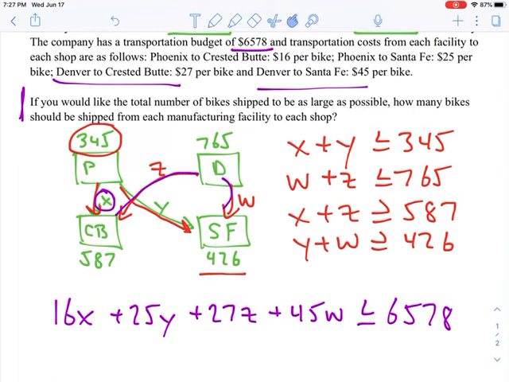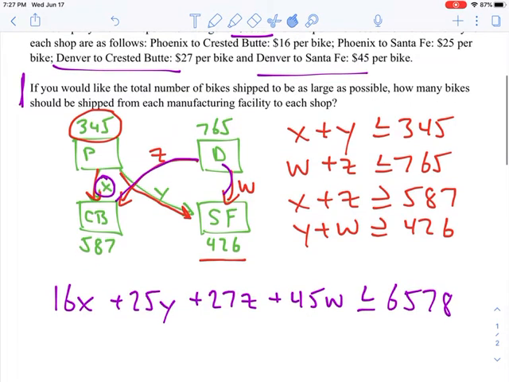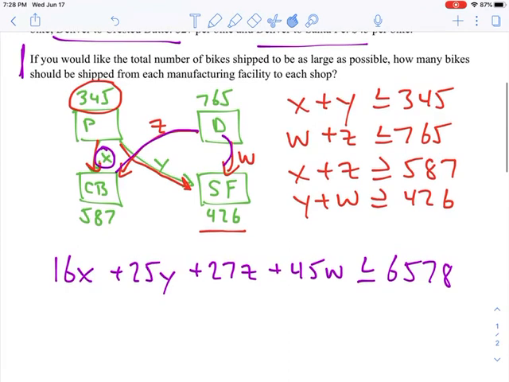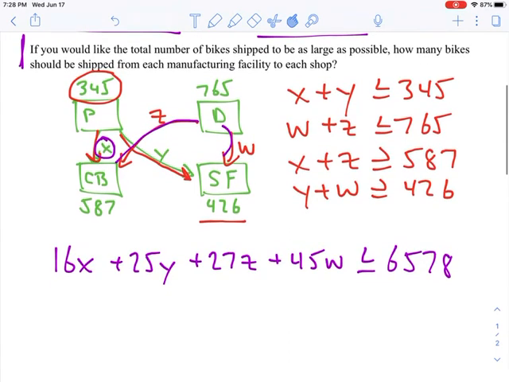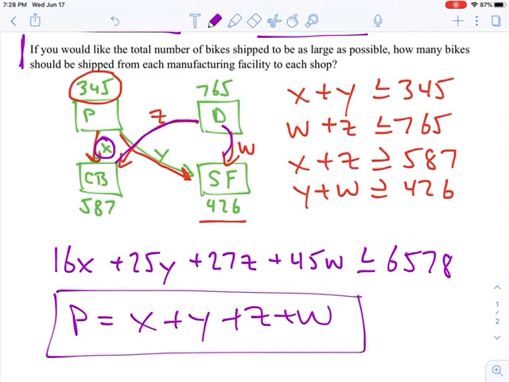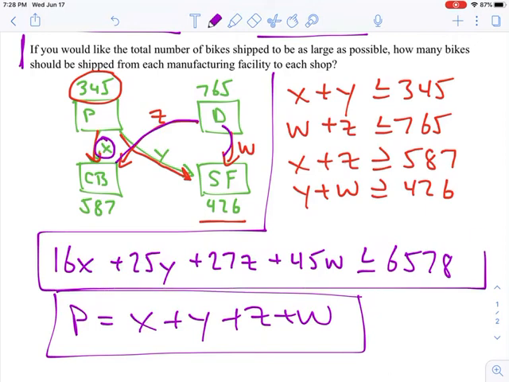The total number of bikes would just be X plus Y plus Z plus W. So we want X plus Y plus Z plus W to be as large as possible. It appears that we are maximizing X plus Y plus Z plus W. And so we have our objective function, and we have all of our constraints.